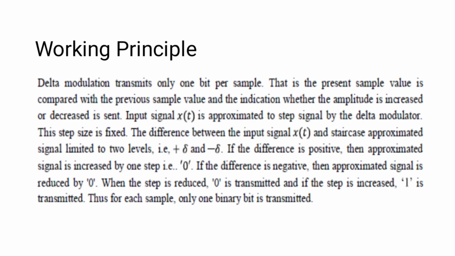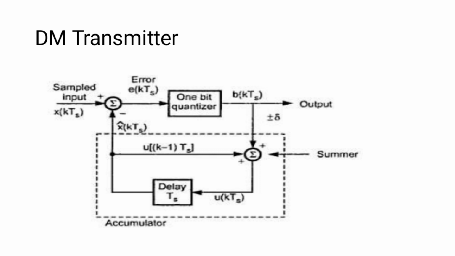What I have explained is presented in the working principle. And here we have a DM transmitter as well as receiver. Just remember what you have discussed in DPCM; you are just replacing the prediction filter with a delay, and there is also a quantizer here, and the same x(kTs), which represents the sampled input, and x-cap(kTs), which is the delayed element.